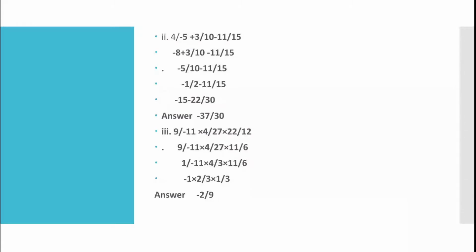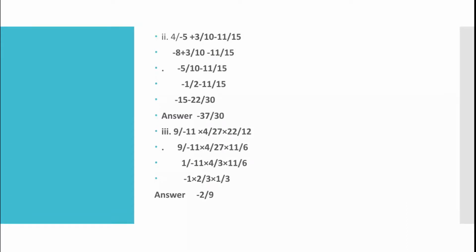Minus 8 plus 3 equals minus 5. So minus 5 divided by 10 minus 11 divided by 15. Now it will be cut by 5. So minus 1 by 2 minus 11 by 5. Then here again you have to take the LCM. So after taking the LCM you will get your answer minus 37 by 30.